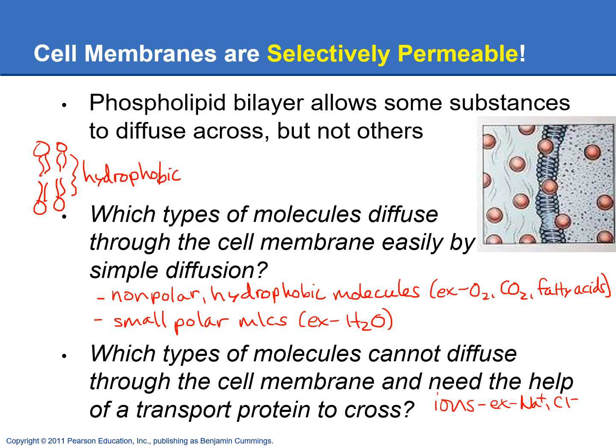And then the other one that's hydrophilic that can't get across without a transport protein would be larger polar molecules. And the examples there would be glucose and amino acids would be another one.